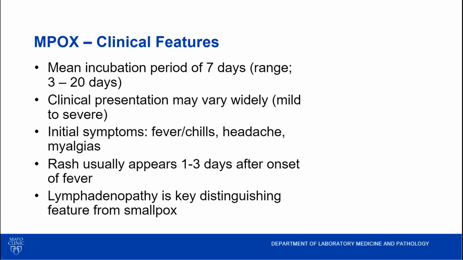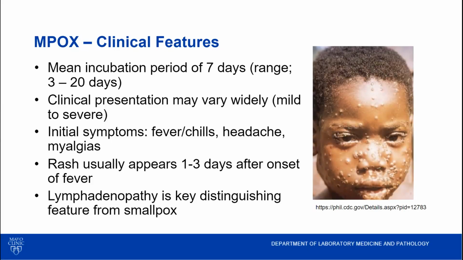Now, a challenge associated with the current outbreak is that varied clinical presentation. 6 months ago, if you had been asked what MPOX looks like or how a patient would present, you would probably describe something like the image on the right-hand side of the slide, a patient with hundreds of lesions that were characteristic and not typical of other infectious or non-infectious causes of skin lesions.